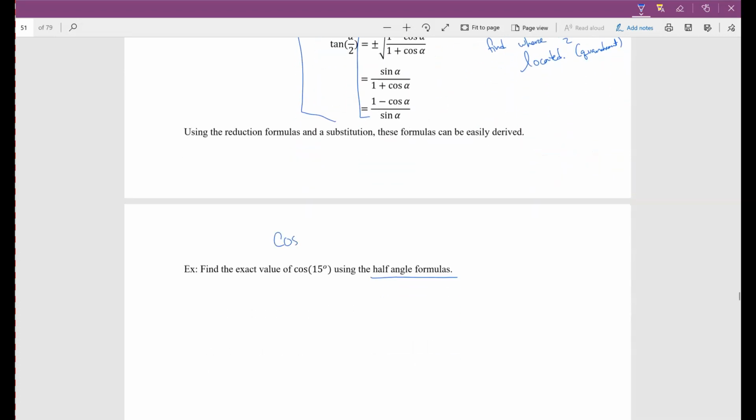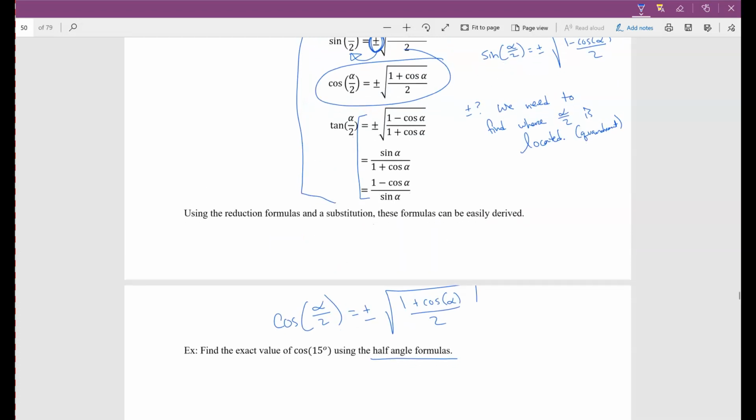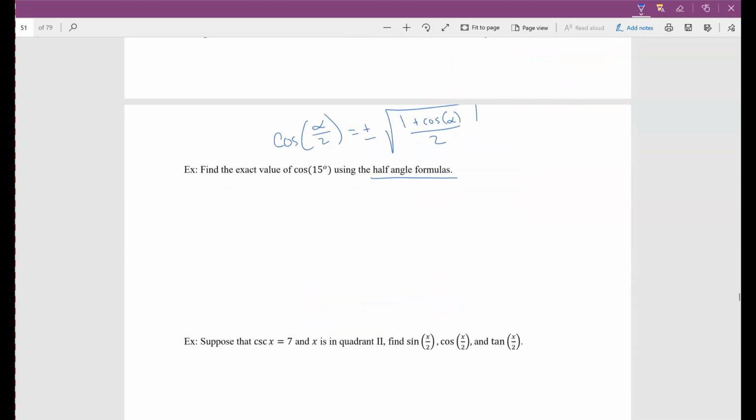So we have cosine of alpha over 2 equal to plus or minus square root of 1 plus cosine of alpha over 2. What we want to figure out is exactly what cosine of 15 degrees is. So we want to think about what I can divide by 2 to get 15.